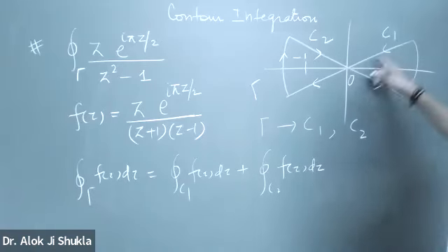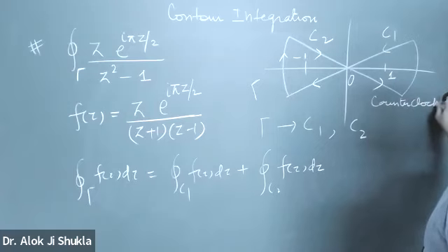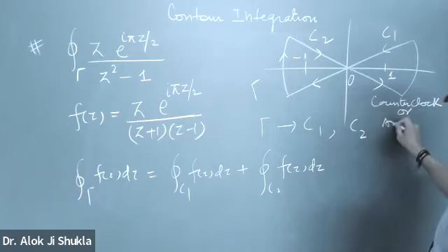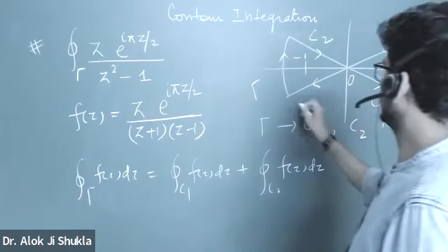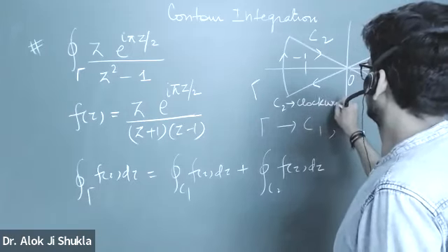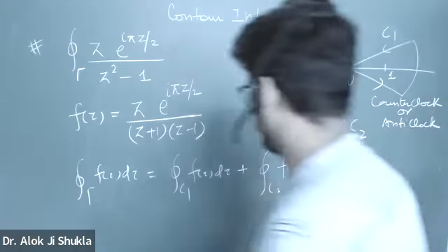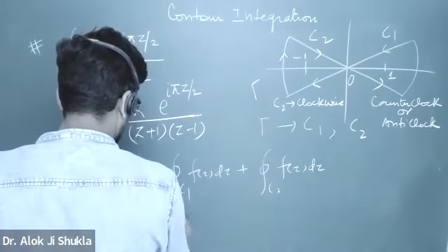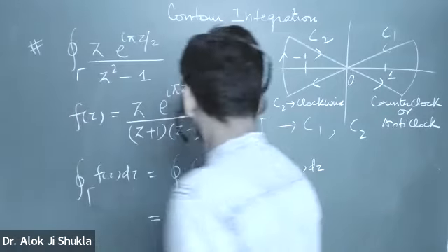So now C1 is counterclockwise, or anti-clockwise, and this C2 is clockwise. So C1 will demand 2 pi I into residue.